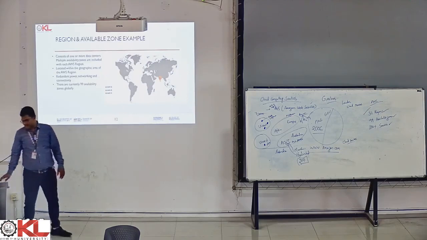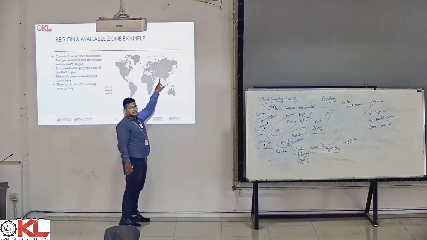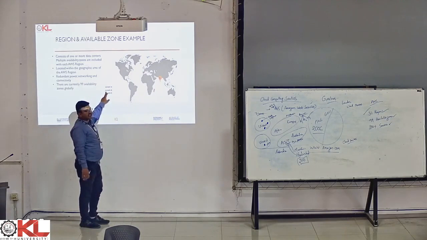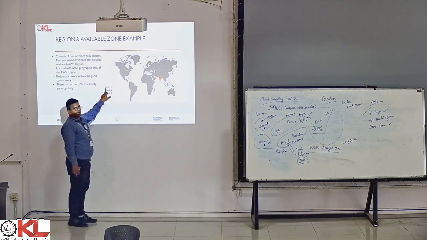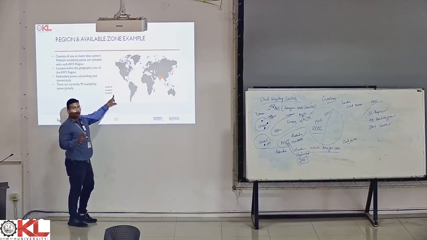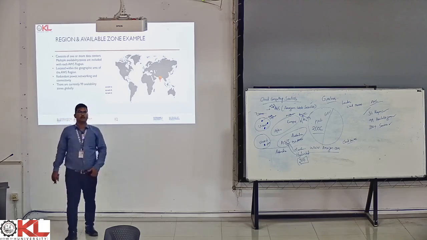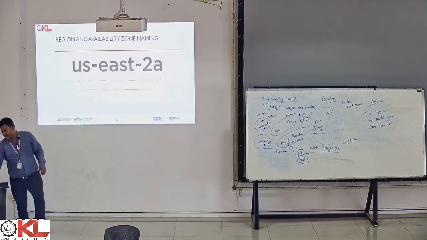If you see in this second map, if you only focus on India, Mumbai, there are 3 zones. Because it is Asia Pacific, we denote it as AP: AP South 1A, AP South 1B, AP South 1C. Remember, there is no AP South 1D because there is no 4th available zone in that particular region.